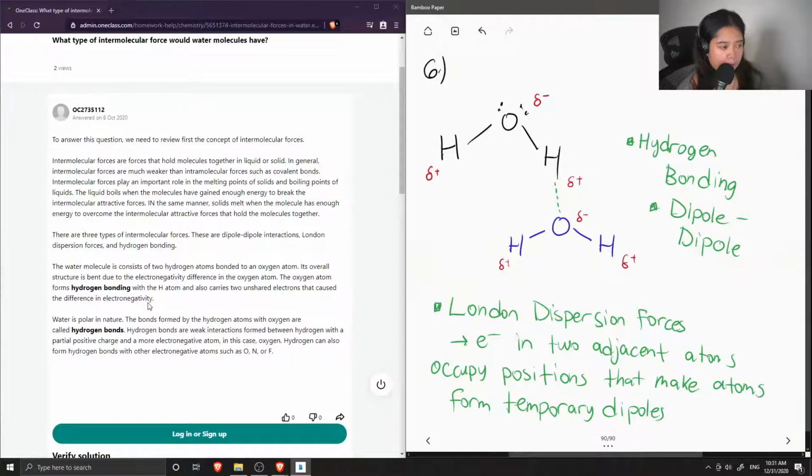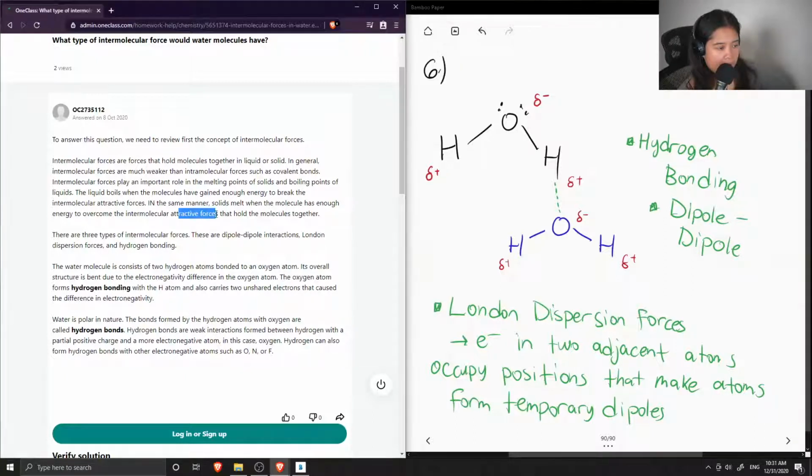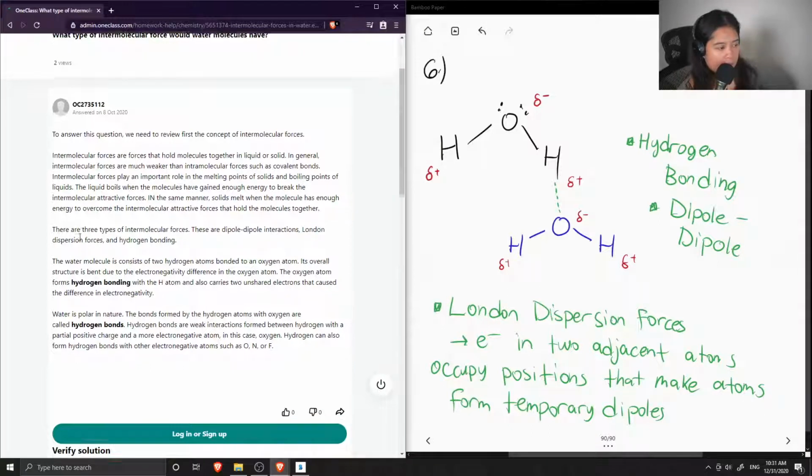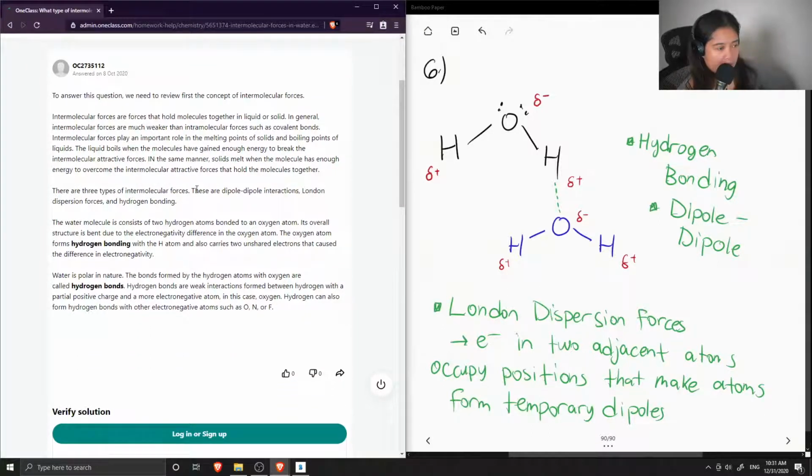The liquid boils when the molecules have gained enough energy to break the intermolecular attractive forces. In the same manner, solids melt when the molecules have enough energy to overcome the intermolecular attractive forces that hold the molecules together. There are three types of intermolecular forces. These are dipole-dipole interactions, London dispersion forces, and hydrogen bonding.